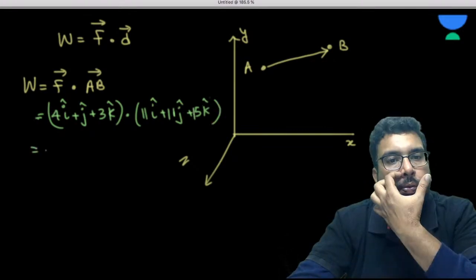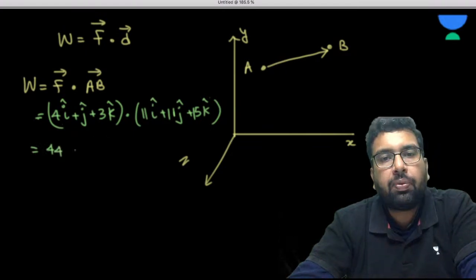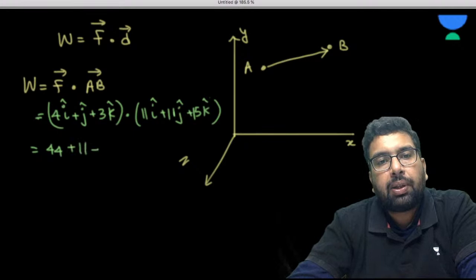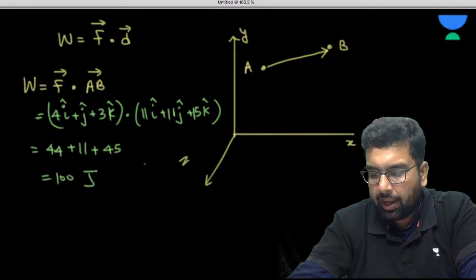So this will become 44. See, i and i components multiply. So 44 plus 11 plus 3 into 15, that is 45. So it is 100 joule, right?